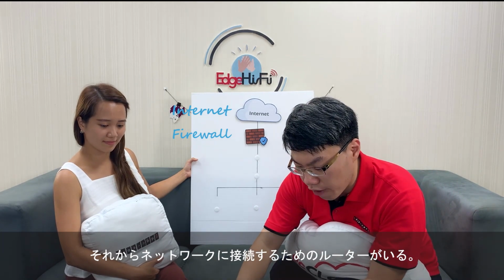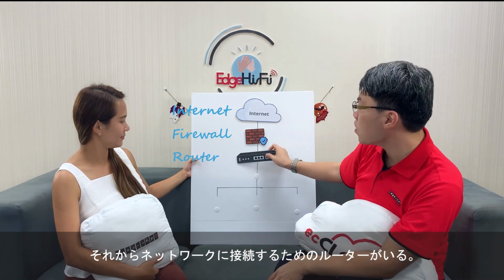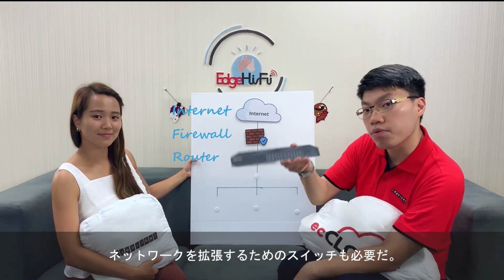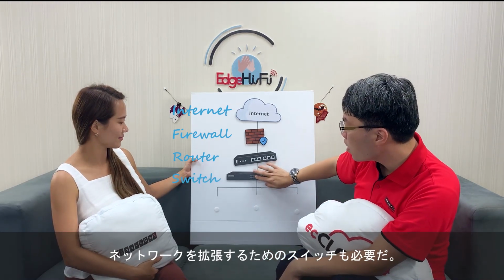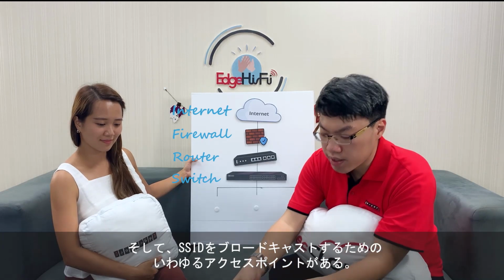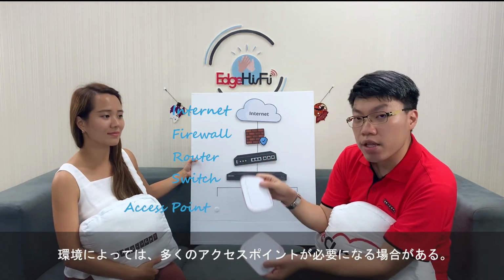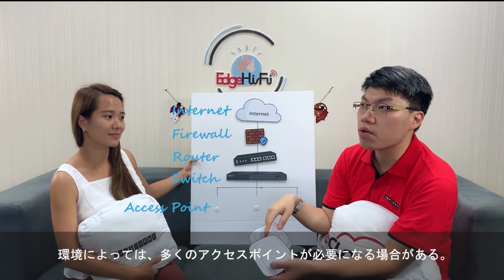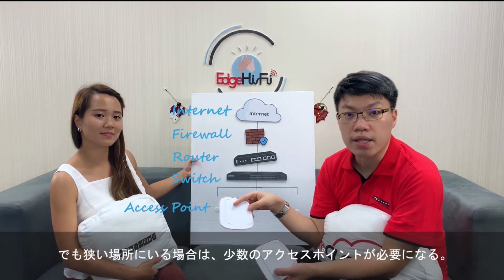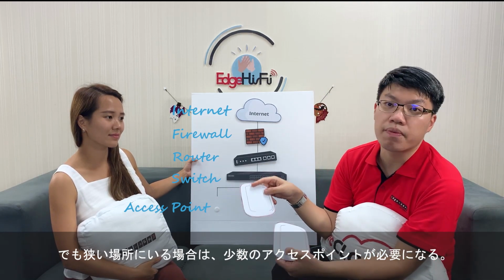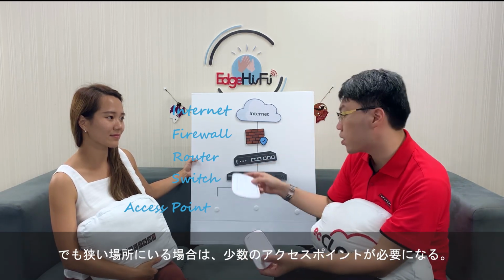Then we need the router to connect your network, and sometimes switches to extend your network, and then the access point, to broadcast the SSID. Depending on your environment, sometimes you might need a lot of access points, but in small places you probably just need 2 or 10 access points.